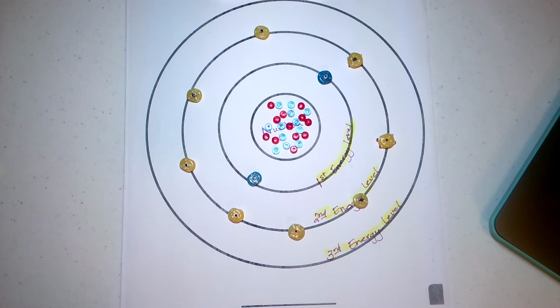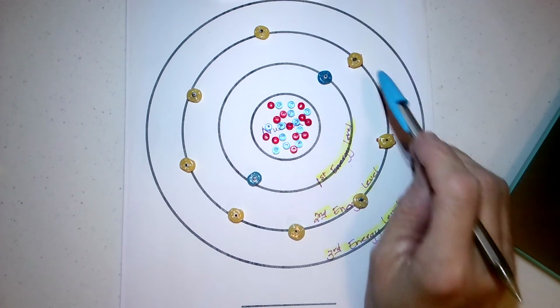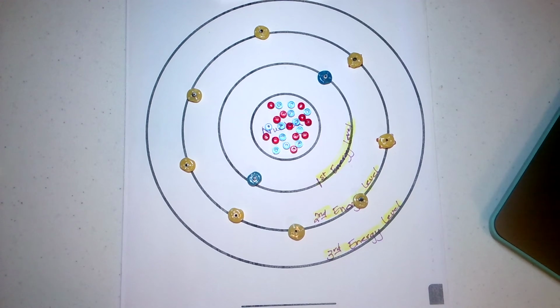Now its valence or outermost shell is this second energy level. And look, 1, 2, 3, 4, 5, 6, 7, 8. 8 electrons are in that outermost or valence shell. Oh my goodness gracious, isn't that cool?